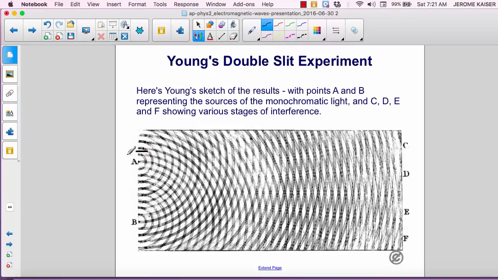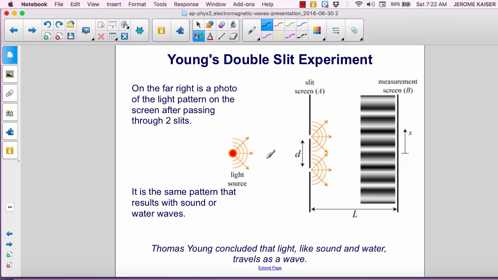If you look over here, points A and B represent the sources of light, and points C, D, E, and F show various stages of interference. Here we see a diagram of Young's double slit experiment again. The monochromatic light source here on the left, a wall or screen with two slits in it to allow the light to pass, and a measurement screen here on the far right.